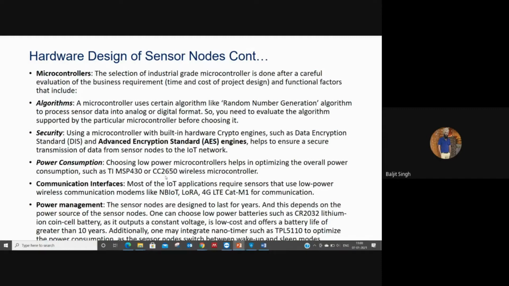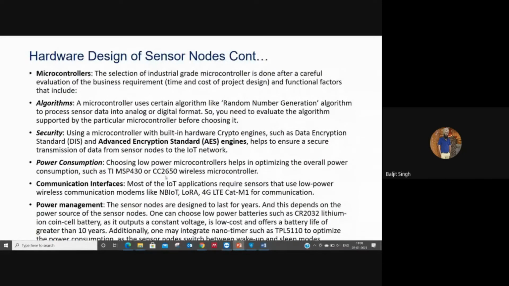Most IoT applications require sensors that use low power wireless communication modems like narrowband IoT, NB-IoT, LoRa, 4G LTE, Cat M1 for communication. So if you require a certain kind of communication, you should first check whether the microcontroller you are selecting has that specific communication interface already inbuilt. Then you can select that microcontroller.